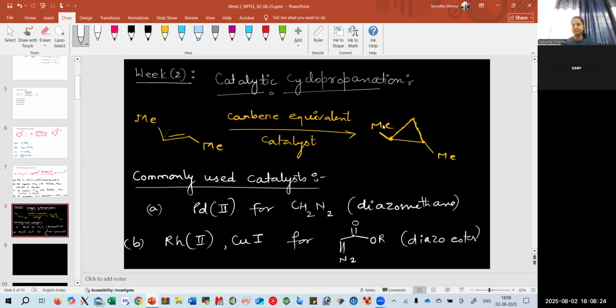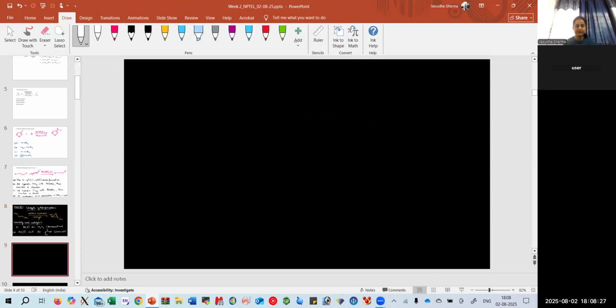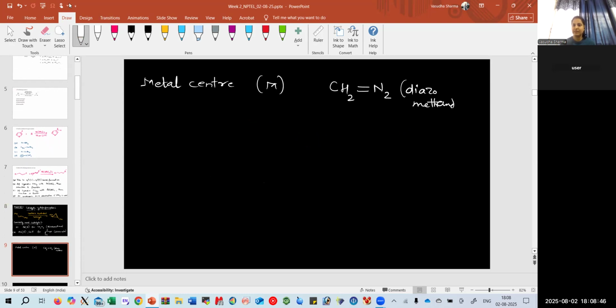What I really mean by carbene equivalent is this: when you have a metal center, which I am considering as M, and now I am taking a carbene source, which is diazomethane, this can be rewritten as CH2 minus and N2 plus, right?